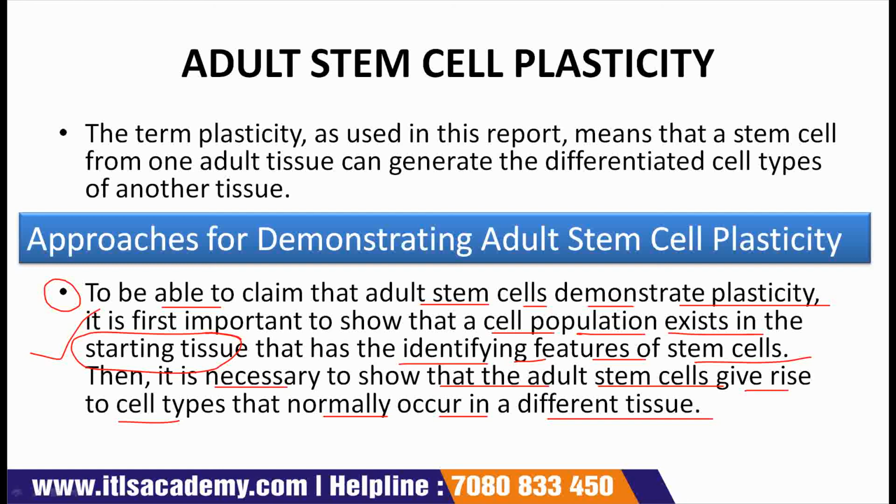Simply proving the existence of an adult stem cell population in a differentiated tissue is a laborious process. It requires that the candidate stem cells are shown to be self-renewing and that they can give rise to the differentiated cell types that are characteristic of that tissue.